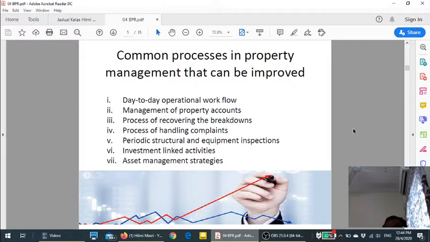Number 1 is the day-to-day operational workflow: the cleaning, the security, the maintenance. Number 2 is management of property accounts. Number 3 is the process of recovering from breakdowns, how we are going to reduce or even prevent breakdowns from happening at all.